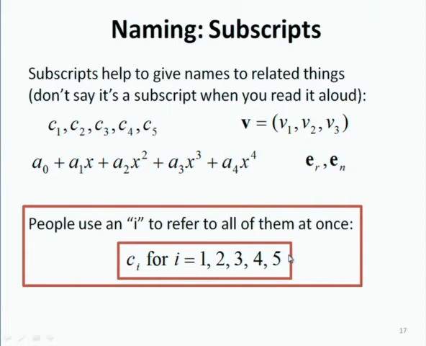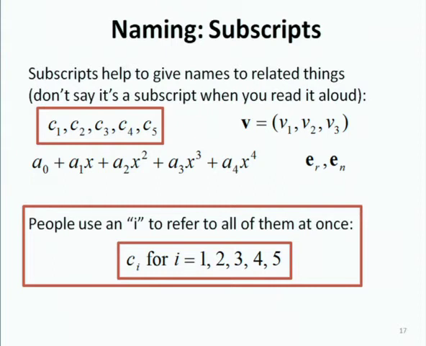Okay, so when a lecturer just says C I without any other qualification, it means that there's numbers that go in that spot to tell you which C that you have. That's all they mean when they say that. So those two statements there, the C1 up to C5 and the C I, mean the same thing, okay?